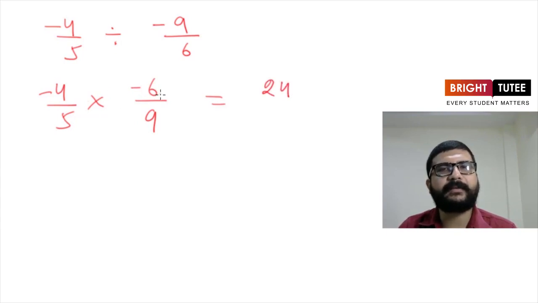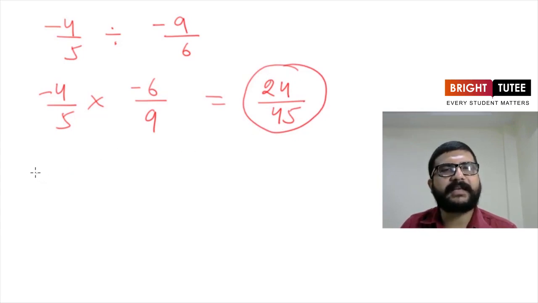Minus into minus will be plus. This is only for the case of multiplication, that is, a minus number multiplied with a minus number will give us a positive number. This is not the case for addition. If we add two negative quantities, we will get a negative number only. It is only for multiplication. Now 5 into 9 is 45. So the answer is 24 by 45.